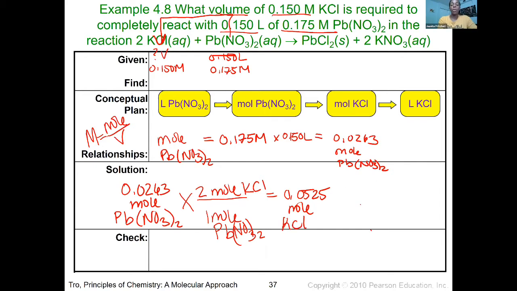To get the volume, we would then take that volume amount, set it equal to the moles divided by the molarity. And so we can then plug in our mole amount of 0.0525 moles divided by the molarity of 0.150.